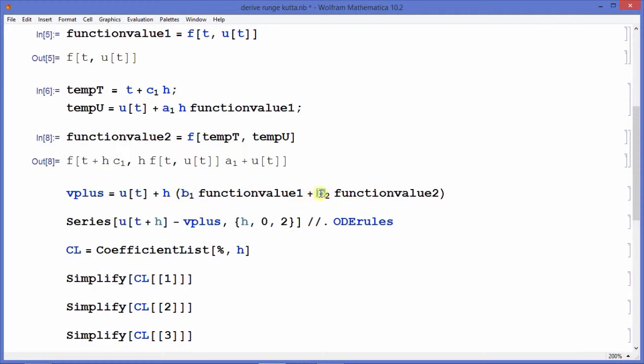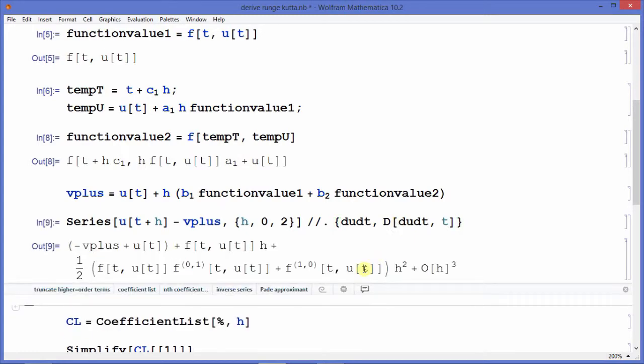They're unknown, and I'm going to use those to get second order accuracy. So if I then look at the difference between the exact solution at the next time step and the numerical solution that I just defined, I'll take the series of that difference up to second order.